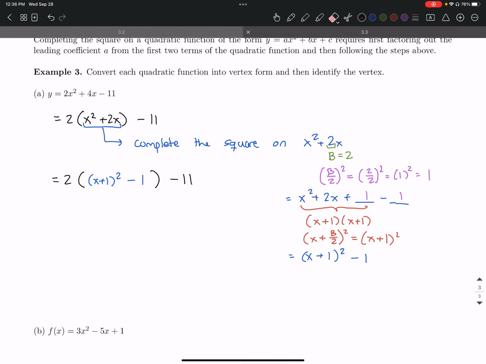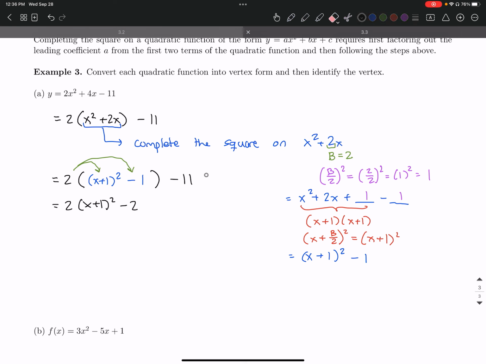To finish getting this in vertex form, we will distribute this 2 to both terms inside the set of parentheses. 2 times x plus 1 squared is exactly what I just said, where 2 times minus 1 is minus 2.